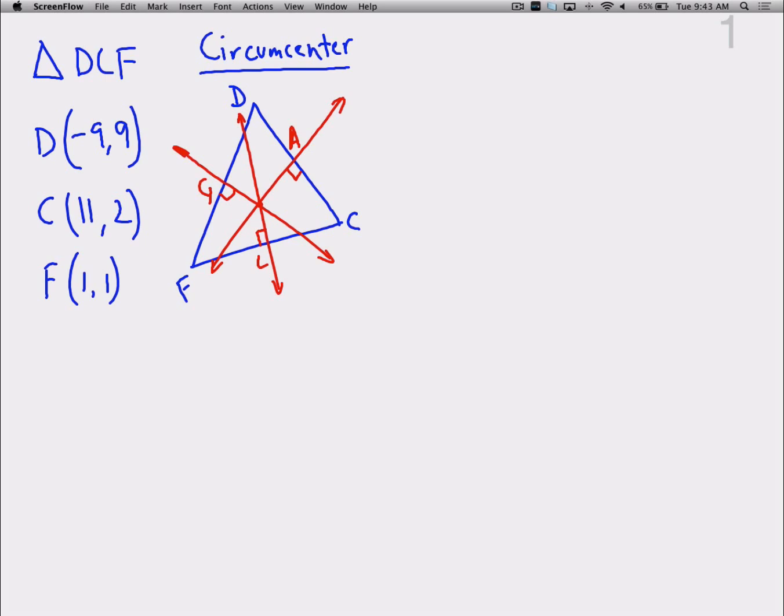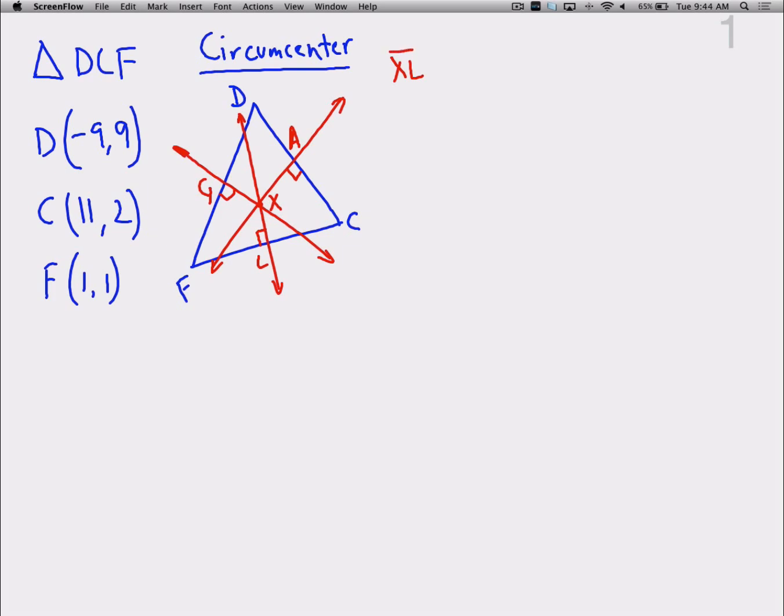What do we need to do first? Well, we're going to use only two of the three, so we can pick whichever one we want to start with. We'll call the circumcenter X, just so we have a reference there. I want to start by finding the equation of, I don't know, let's do XL. So XL is the perpendicular bisector of FC.